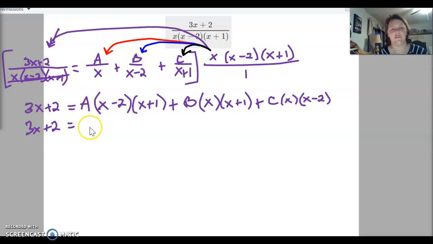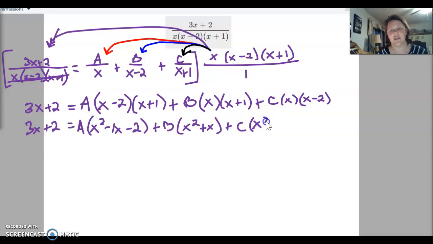Let's multiply all of these parentheses out. So this is going to be x squared minus 2x plus 1x is going to give us a minus 1x minus 2 plus b times x squared plus x, and then plus c times x squared minus 2x.